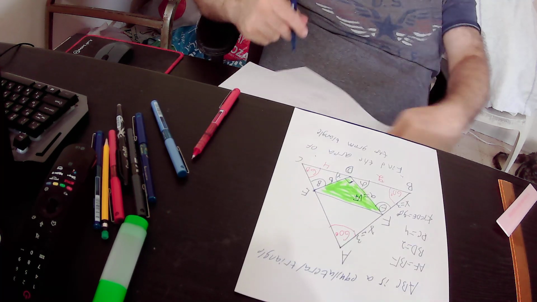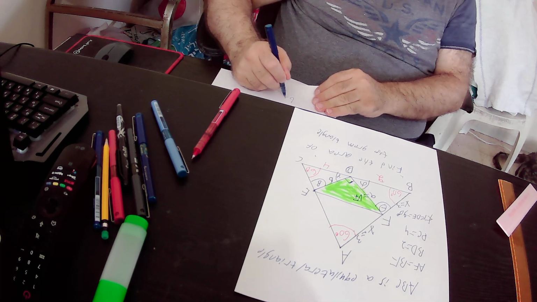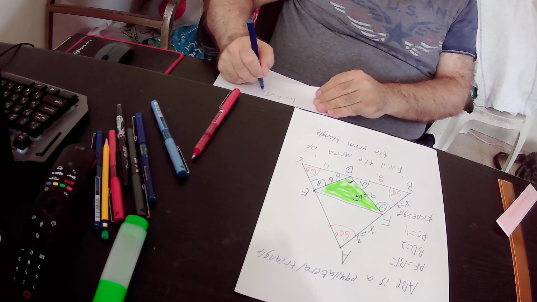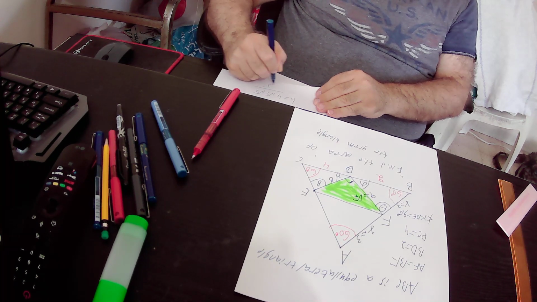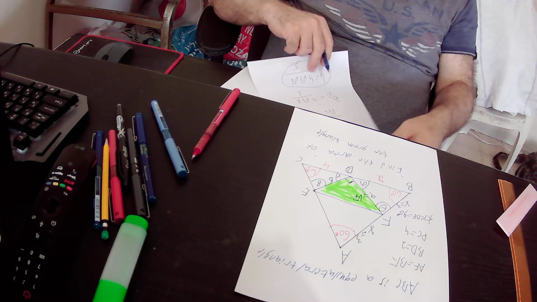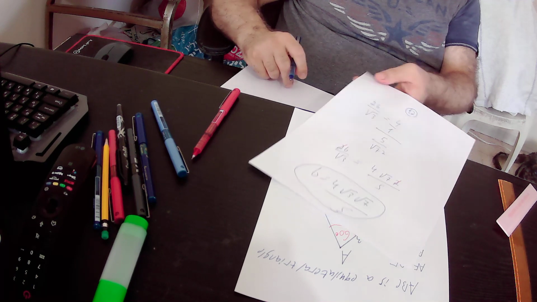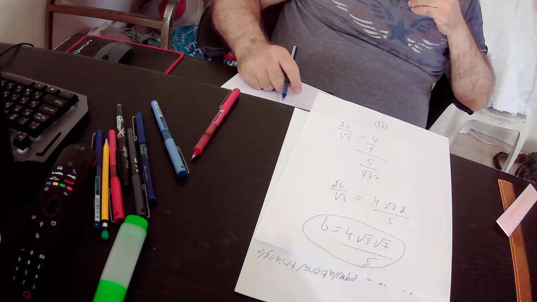So the value of b will be equal to 4 times root of 3 times root of 7 over 5. Okay, the value of b equals 4 times root 3 times root 7 over 5.